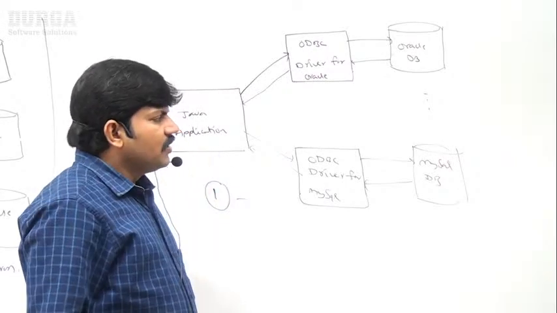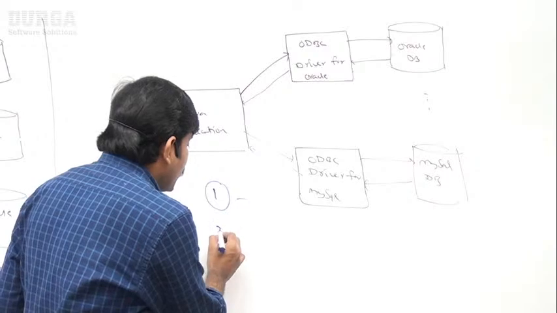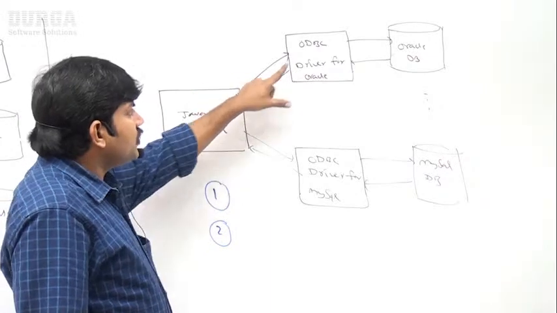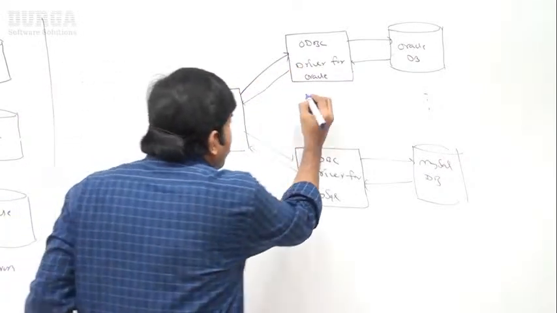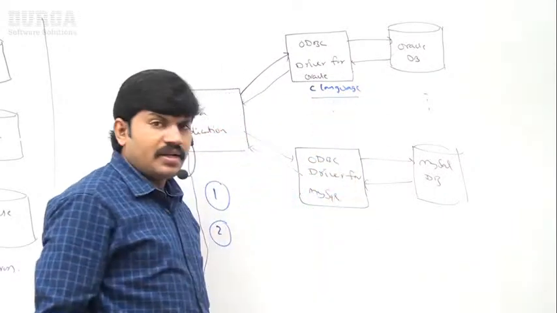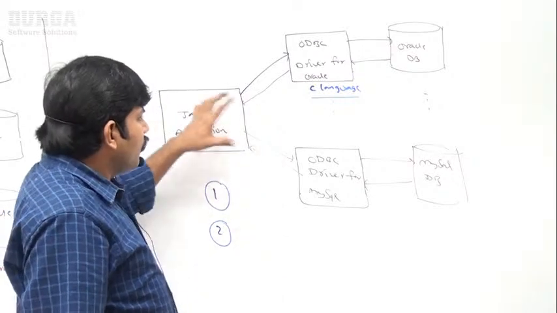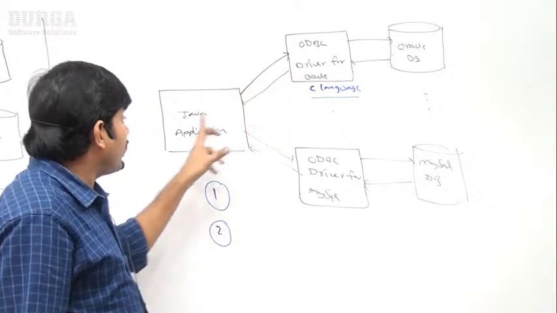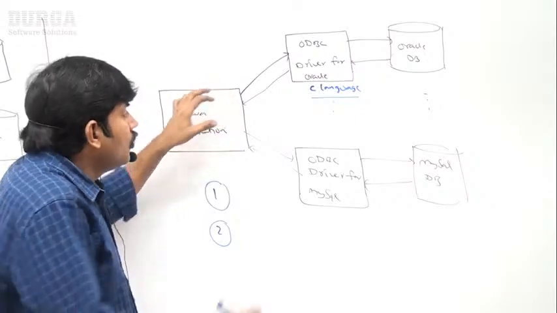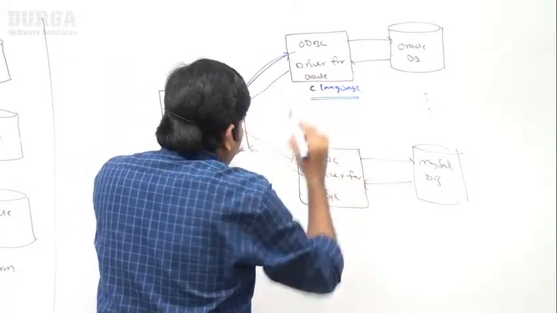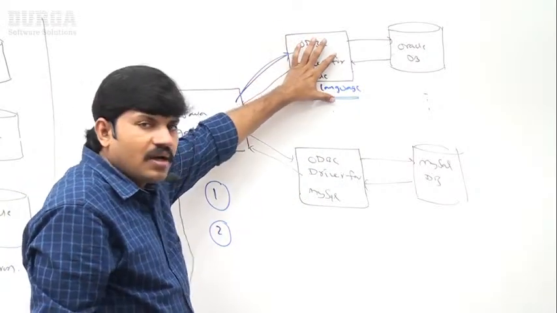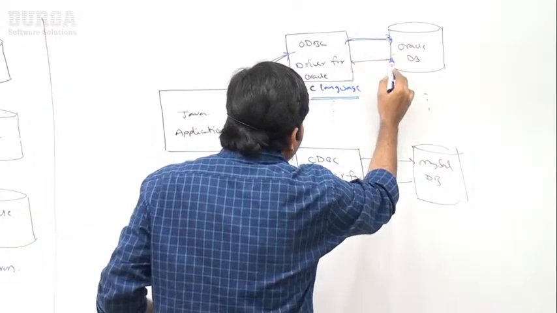Second problem, which is also a major one: these ODBC drivers are developed in the C language most of the time. If I use an ODBC driver for a Java application, Java calls must be converted into C language calls so that they can communicate with the database.